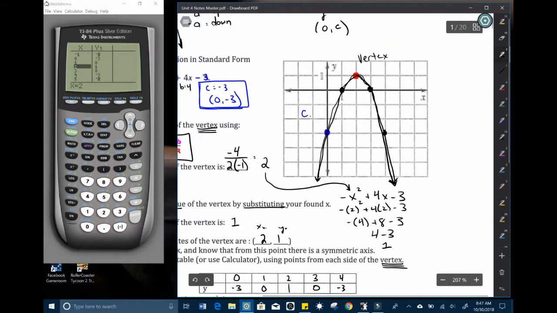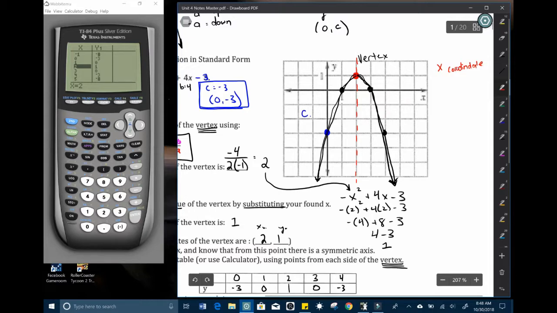That's the key. A few things with this here. This line down the middle, notice how it's symmetric. We call that the axis of symmetry. The axis of symmetry is always going to be the x coordinate of your vertex.